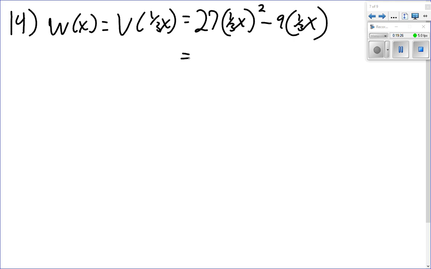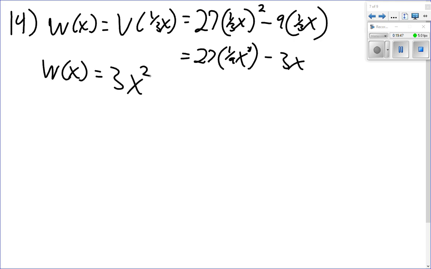Okay, so 1/3 times 1/3 is 1/9. 9 times 1/3 is 3. 1/9 times 27 is 3. So W of x equals 3x squared minus 3x.